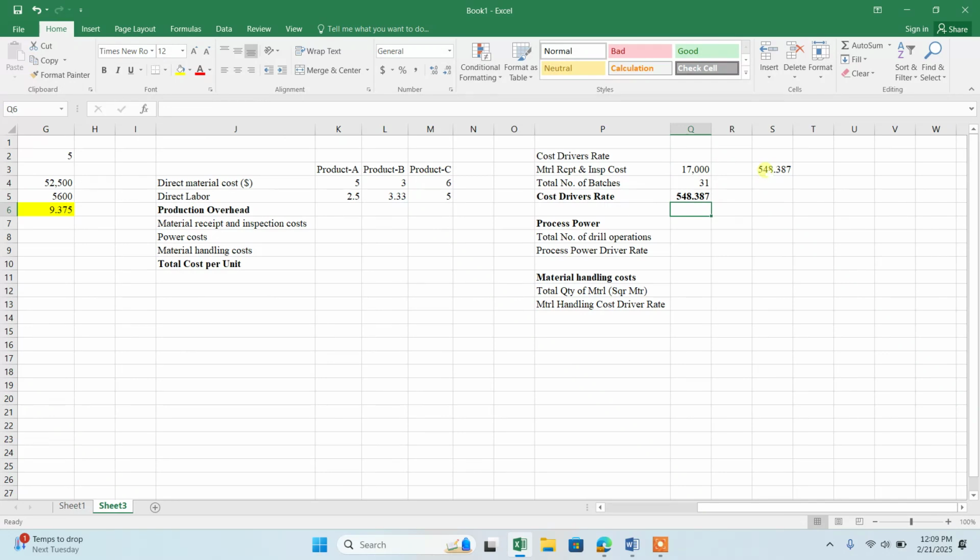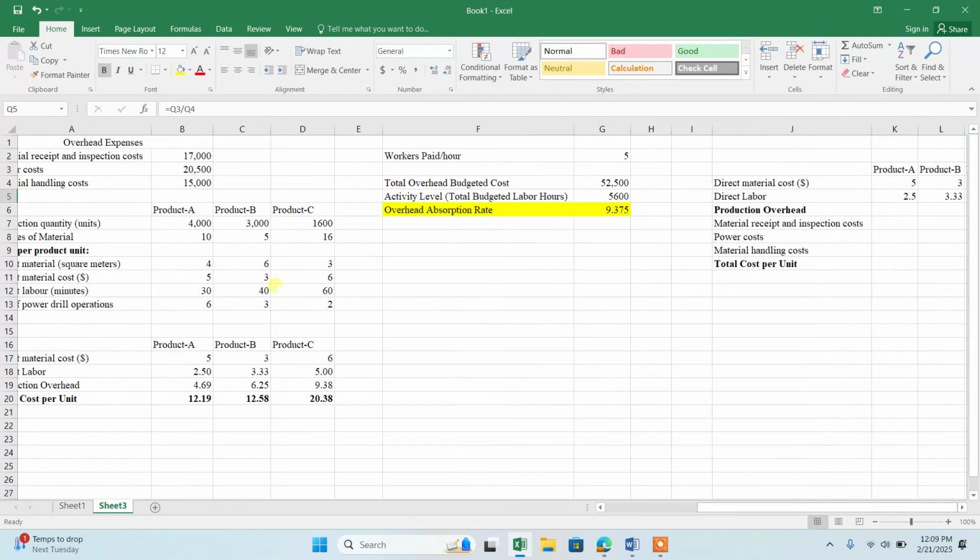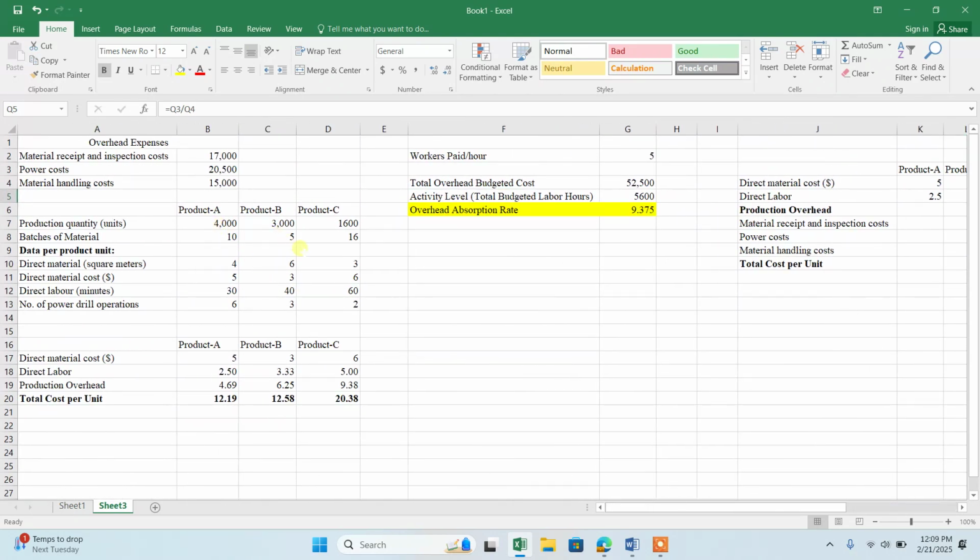So this is the cost of one batch: 548. Now, my dear, the batches are given in A, B, and C, but these 10 batches are for the 4,000 units.